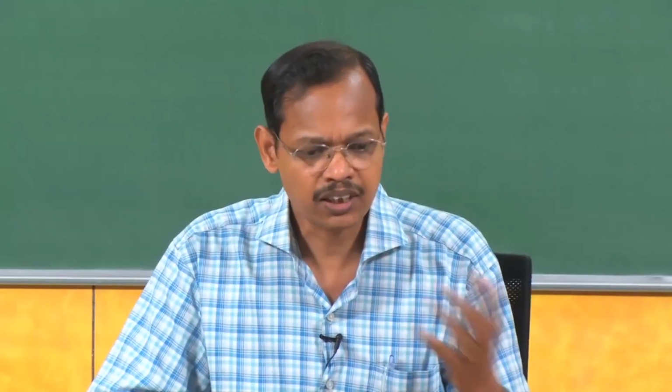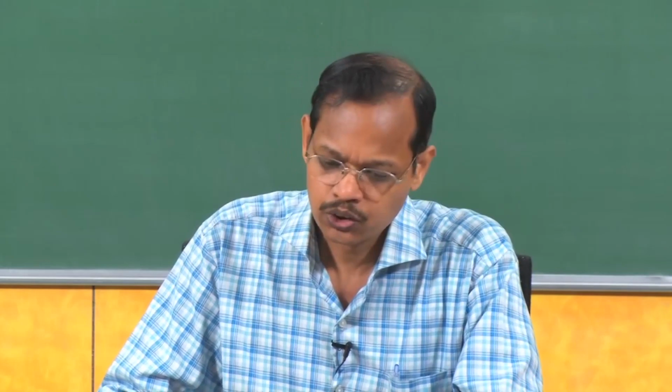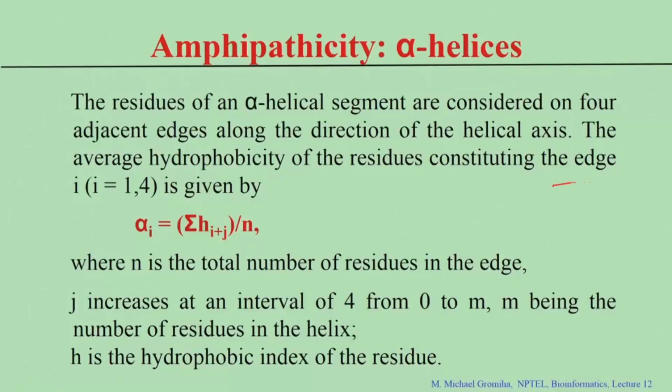How to do this? For example, if you take an alpha helical segment, how many residues per turn? 3.6 residues per turn. So, if you have a helix, we start from here, and one turn is up to here, this way and this way.